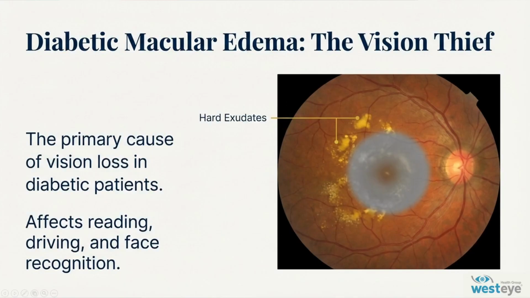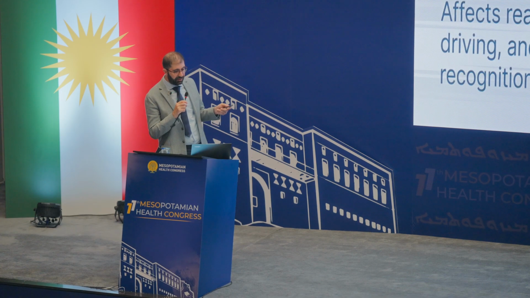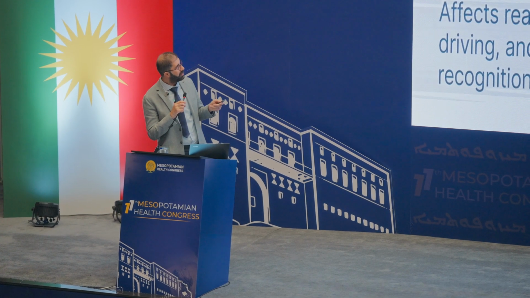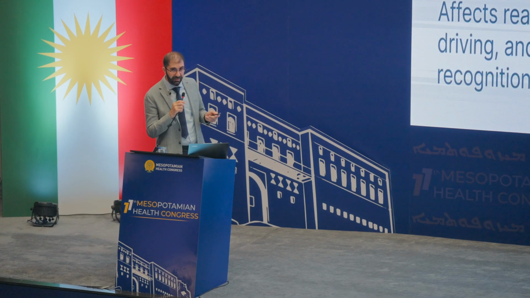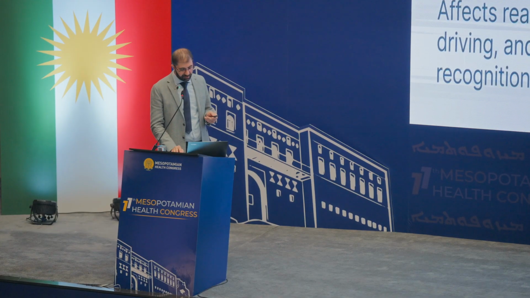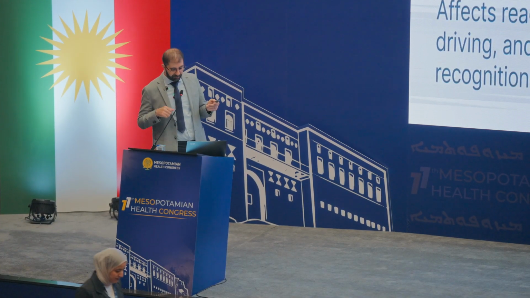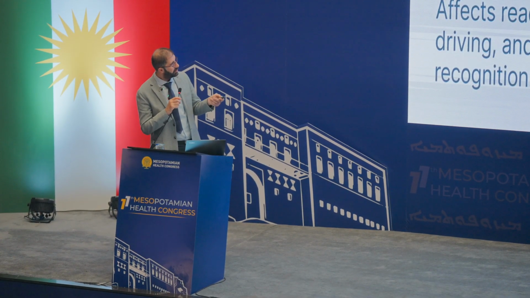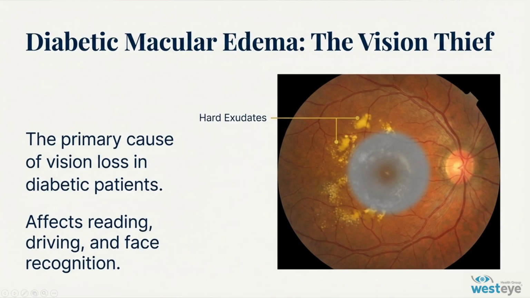While PDR is dramatic, the diabetic macular edema is the main cause of vision loss in diabetic patients. It's a real vision thief in these kinds of patients. What is it causing? Do you see that white circle on the screen? That one is the macula, and it's affecting that part of the retina, and it causes swelling of the macula.